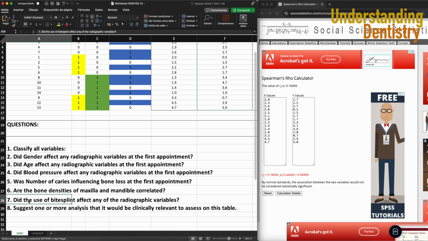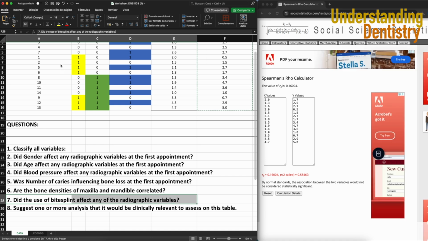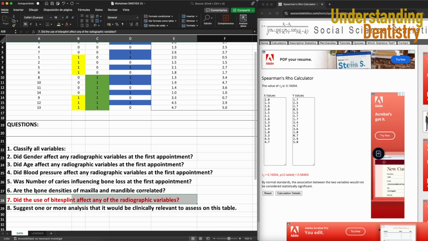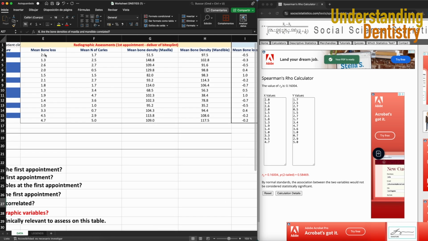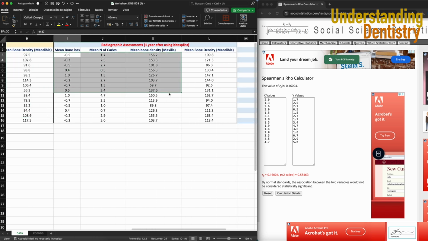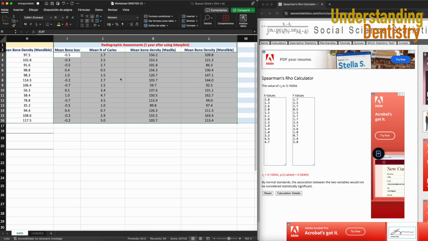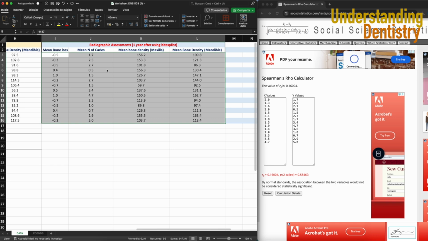Now, did the use of bite splint, look, this is maybe the most important question here, right? Did the use of bite splint affect any radiographic variables? Well, now we need to compare these numbers with these numbers here, right? So we need to compare before and after using the bite splint.